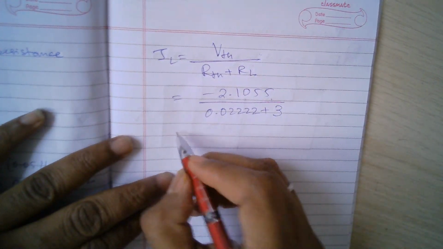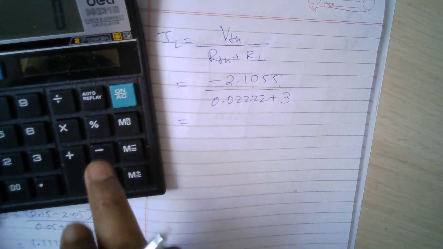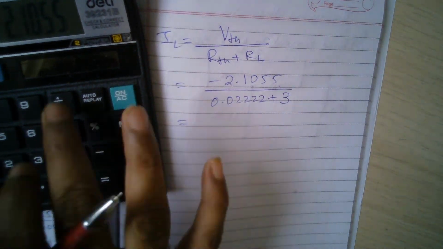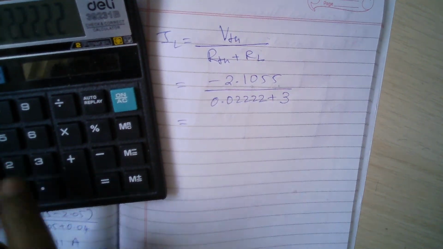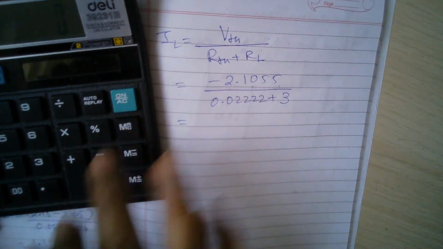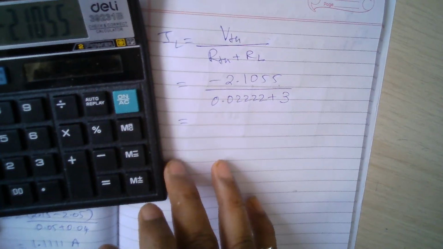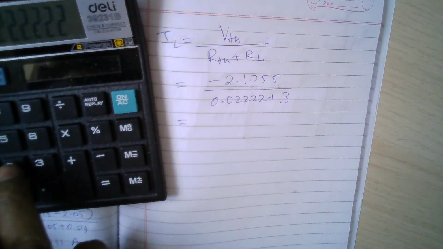So what is my current now? Minus 2.1055 divided by 3.022222.